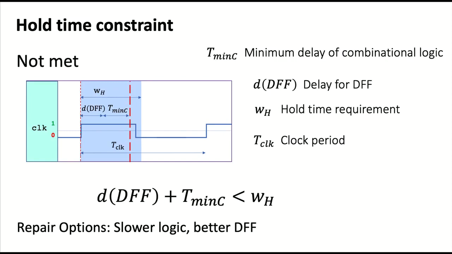When your clock comes, the outputs of the flip-flops start to go through your logic, and they need to not come back too quickly. You want that flip-flop to be locked up before they can get back to it. Okay? So slowing down your logic may be necessary.